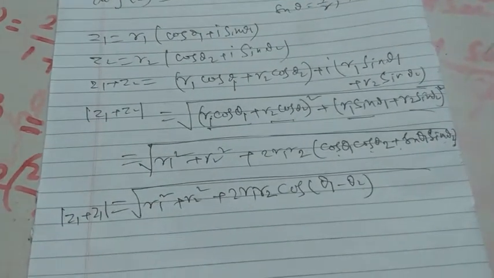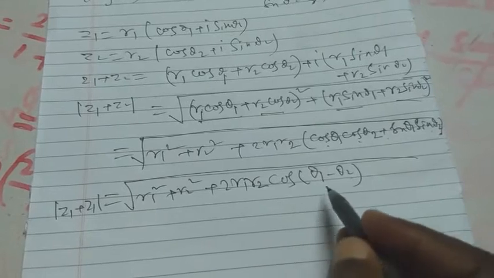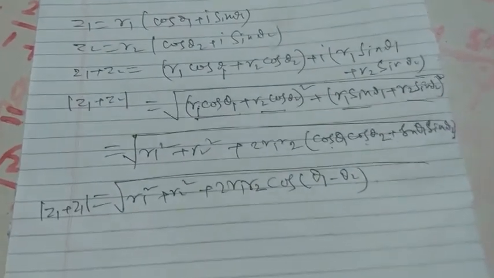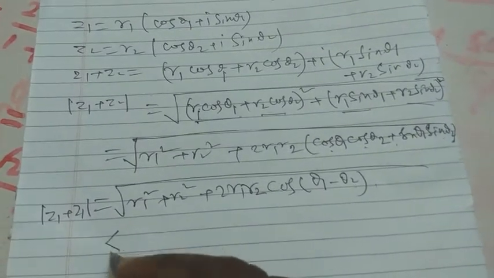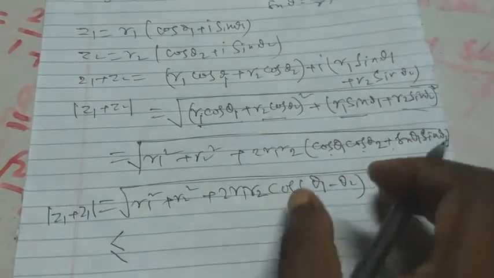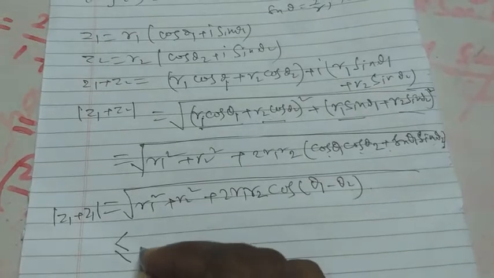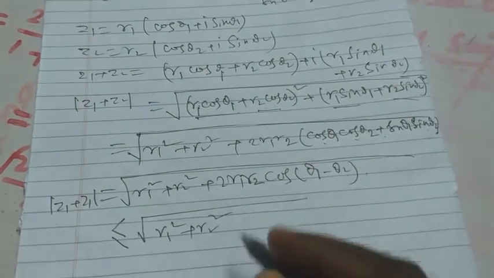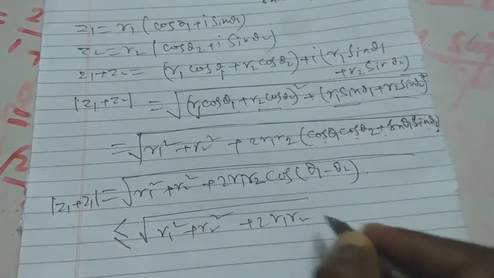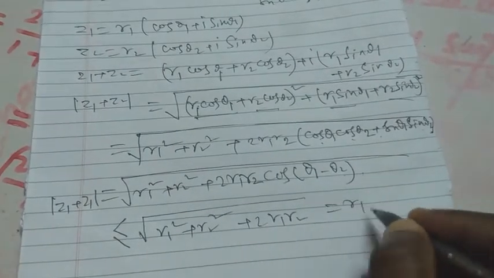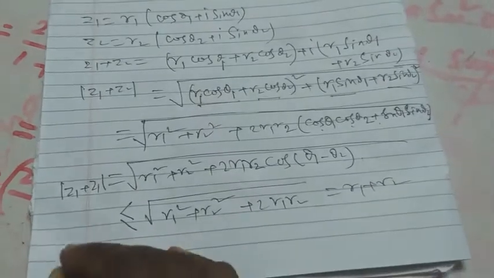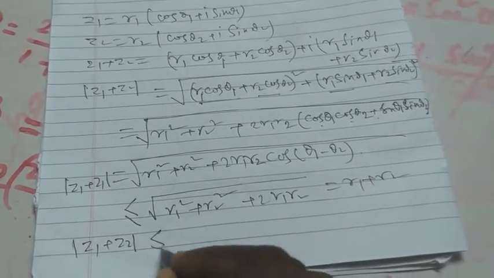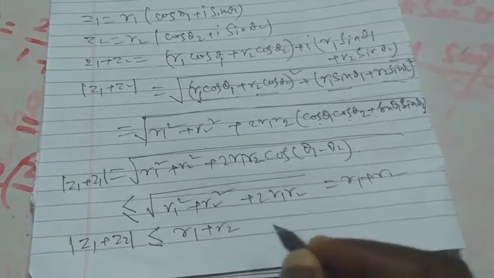If we put the maximum value of cos, which is 1, then mod of z1 plus z2 is under root of r1 square plus r2 square plus 2 r1 r2, that is equal to r1 plus r2. Therefore mod of z1 plus z2 is less than or equal to r1 plus r2.